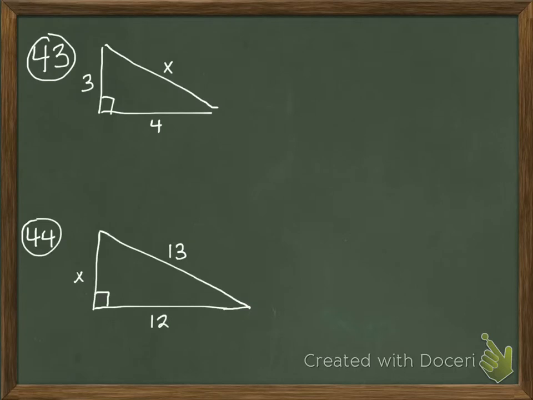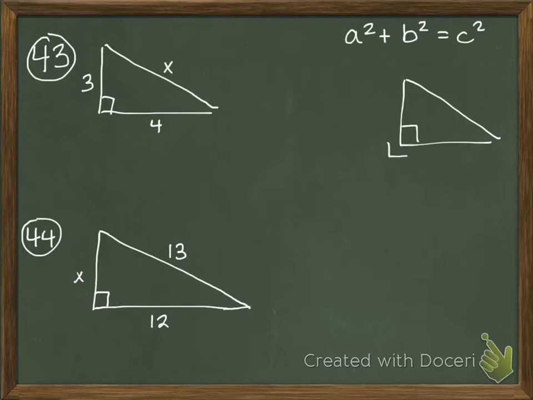Okay, 43 and 44 tell you to use the Pythagorean Theorem. And remember, the Pythagorean Theorem is a squared plus b squared equals c squared. Where a and b are your legs in the triangle, so they're always attached to the L right there, and we said that your ABs are attached to your legs.